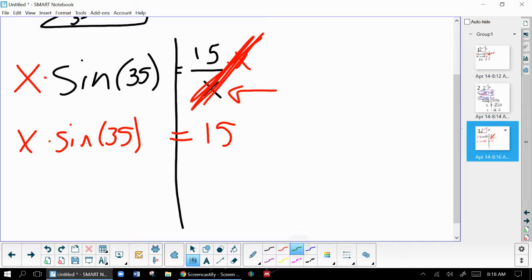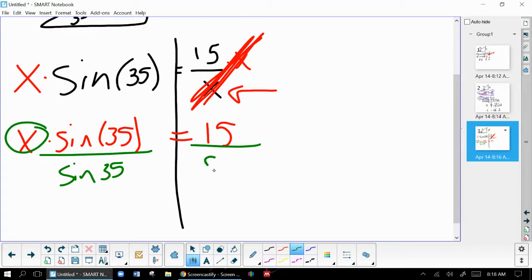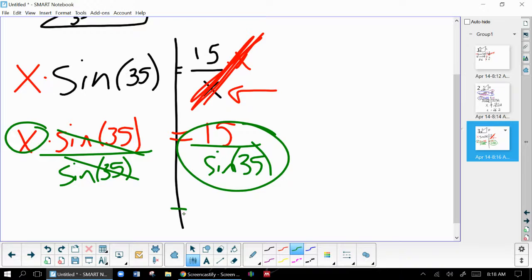And since I'm trying to get the x by itself, I can divide by sine of 35. It'll cancel out there. I'll type that in my calculator. And obviously this is the same problem as last time, so 26.2. And so those are kind of the two different ways to think about that case when the x shows up in the denominator.